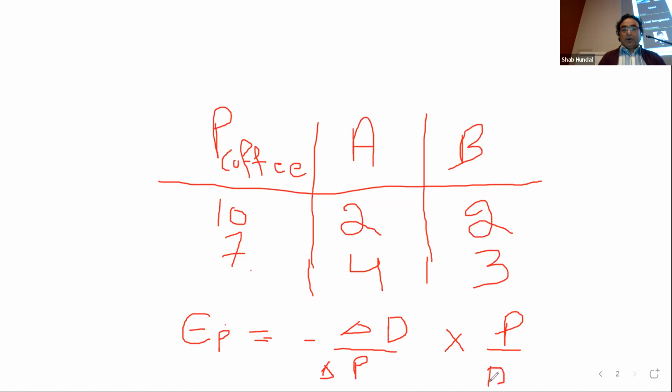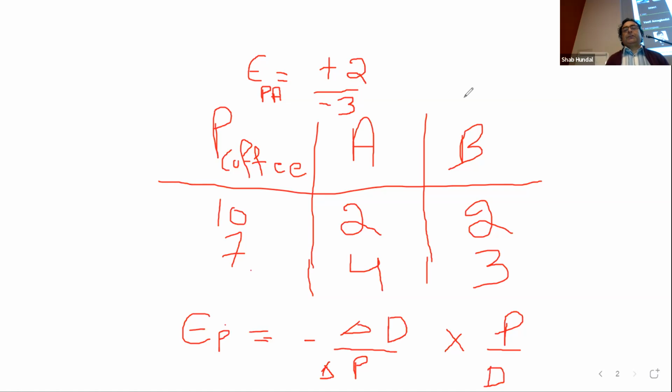Let's calculate according to this formula the elasticity of demand of A. So I can say the price elasticity of this person A. Okay, so that will distinguish. Change in demand is +2. Change in price is how much? -3.